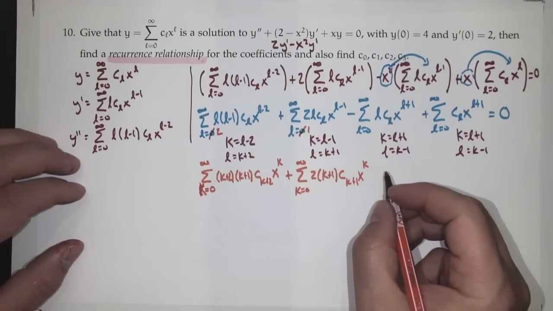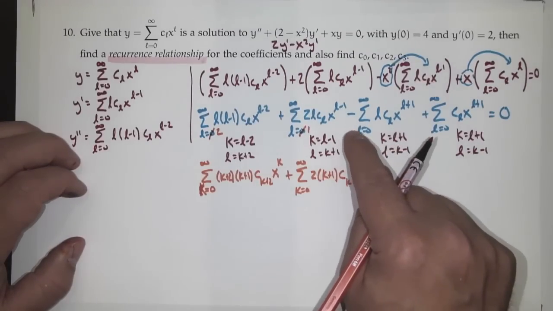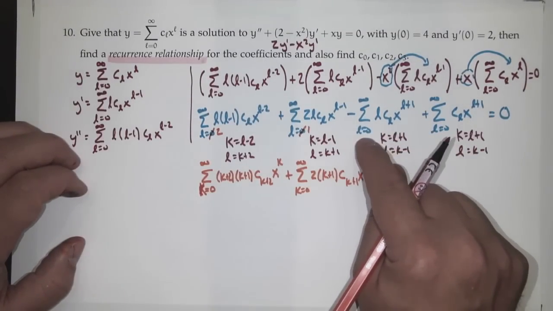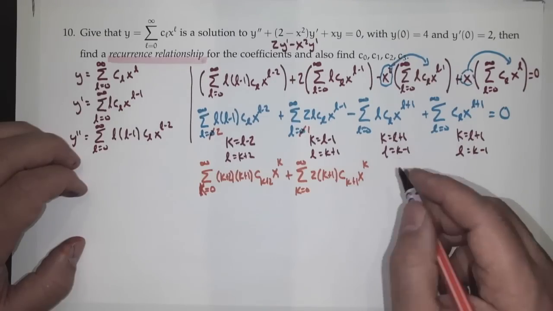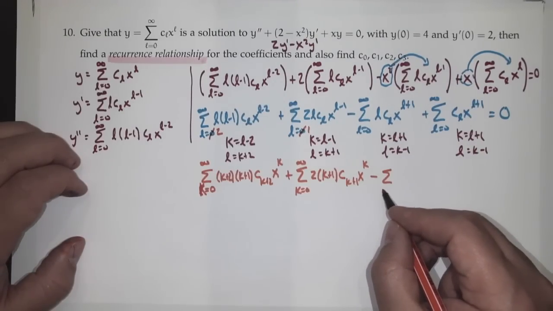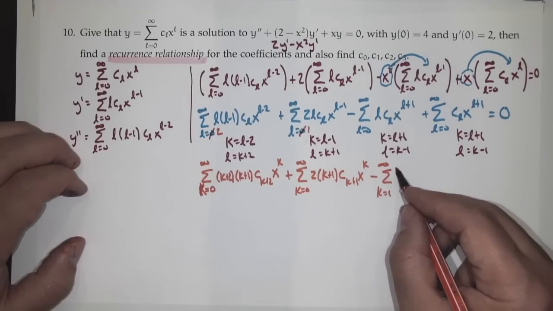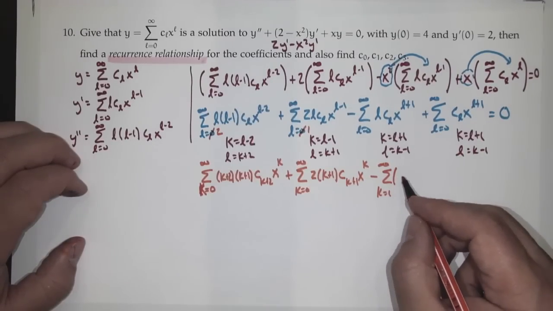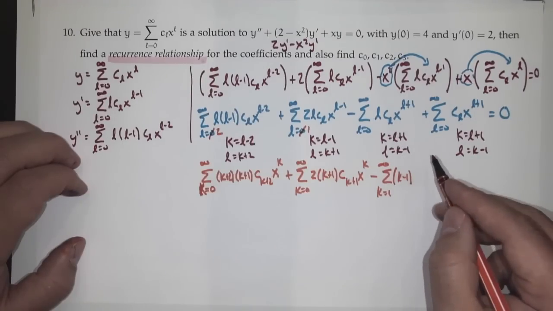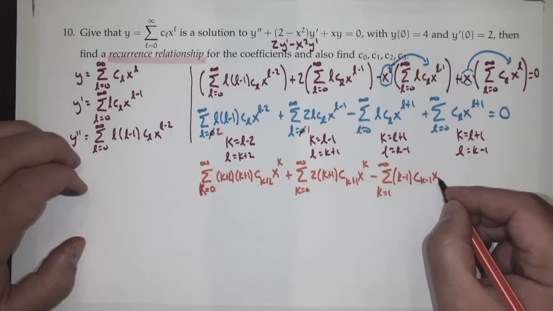All right. Now, we're halfway through. The next ones aren't so bad. When you plug in L equals 0, we get k equals 1. So we won't do anything tricky. We'll just see what happens. We get k equals 1 to infinity of (k minus 1), right, because L is k minus 1, c sub k minus 1, x to the k.